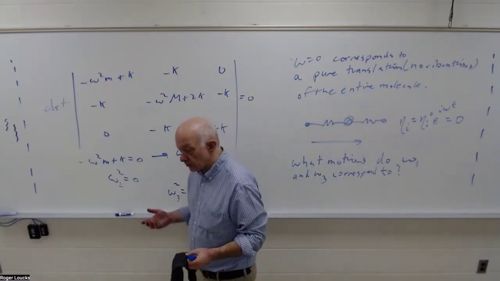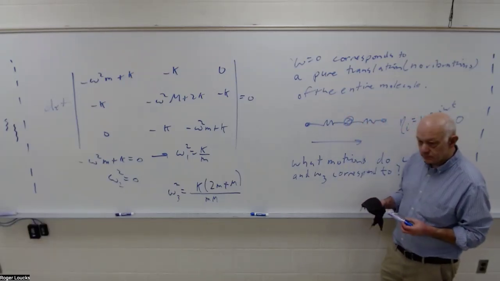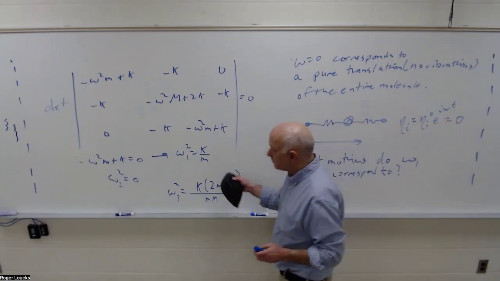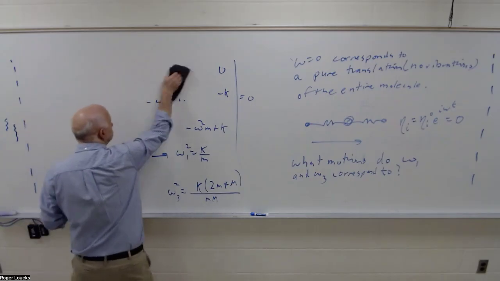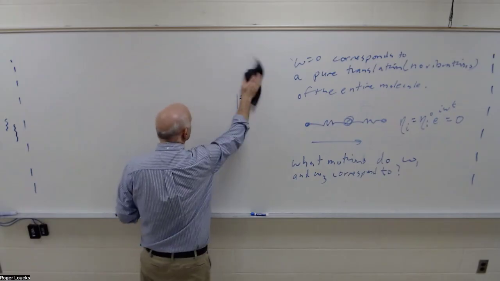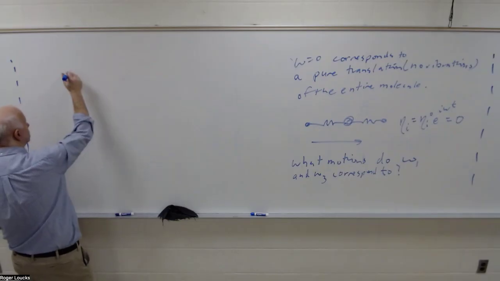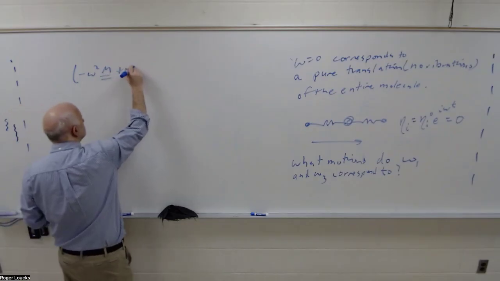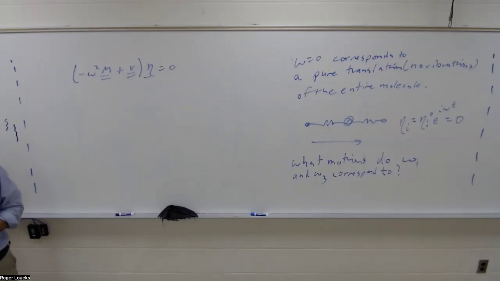So we want to figure out how that goes. So how do we go about finding that motion again? You have to go back one step. So we go back one step to remember that our original equations are in this form. That's our original equation.